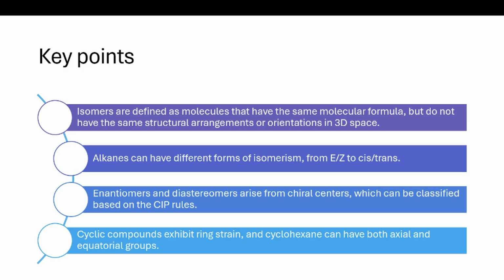And in addition, alkanes can have different forms of isomerism, from cis-trans to E to Z. Now, going on to chirality, enantiomers and diastereomers arise from these chiral centers, and we can classify them based on CIP rules. And finally, cyclic compounds exhibit ring strain, and cyclohexane can have both axial and equatorial groups.